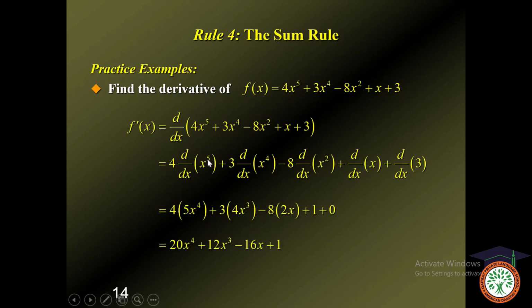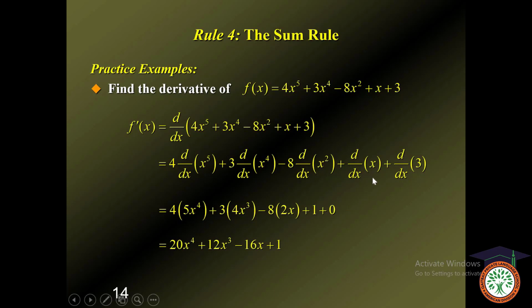As I said before, I'm going to drop the exponent to be a coefficient and decrease the exponent 5 by 1. Similarly, 3, the exponent 4, drop and decrease it by 1. Negative 8, exponent 2, and decrease it by 1. Plus, the derivative of x is 1, and the derivative of a constant is 0.